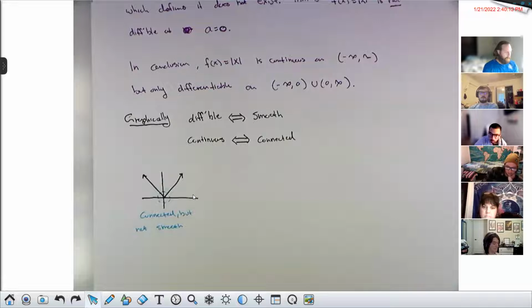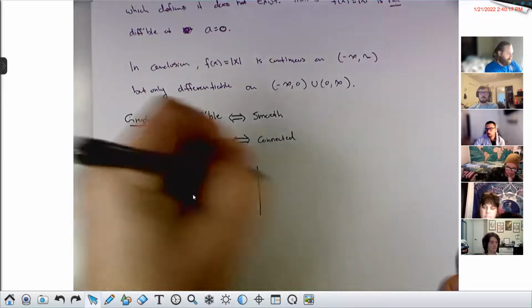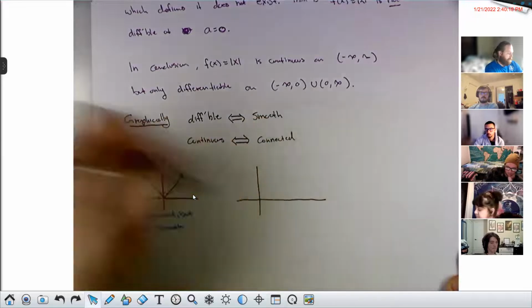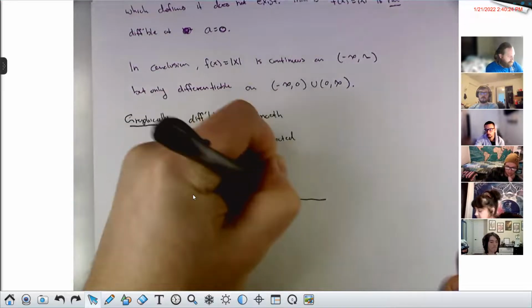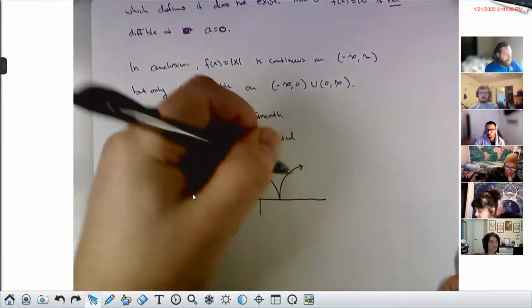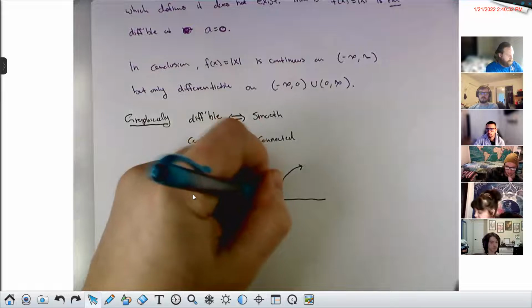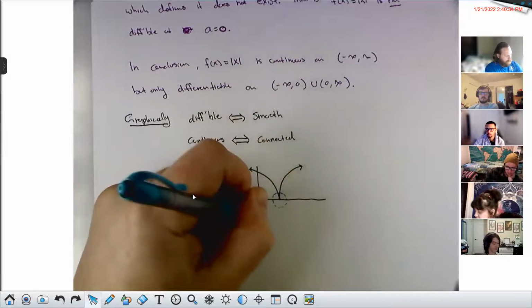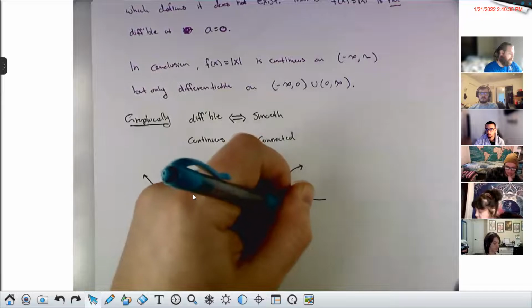Other things that can happen like this include cusps. Again, here you would be connected, but not smooth.